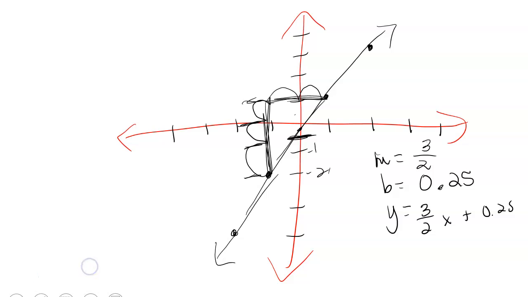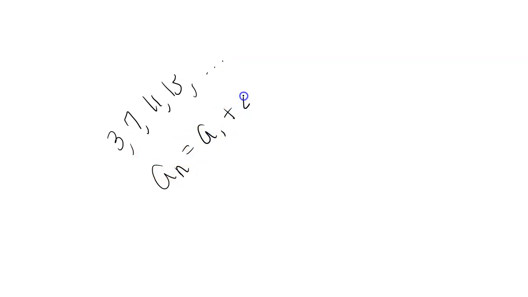We could also have a sequence that we would need to convert to slope-intercept form. So I might have 3, 7, 11, 15. And then my formula is a sub n equals a sub 1 plus d times n minus 1. Sorry, everything's sideways right now. So I would say a sub n equals, my first term is 3.